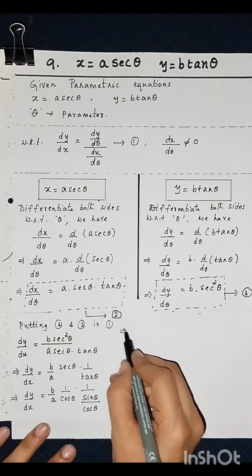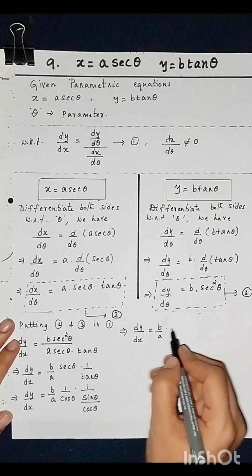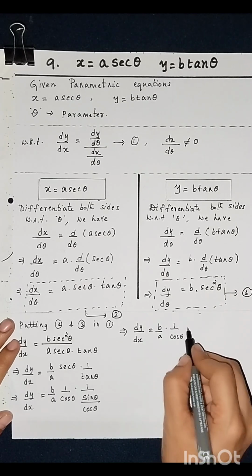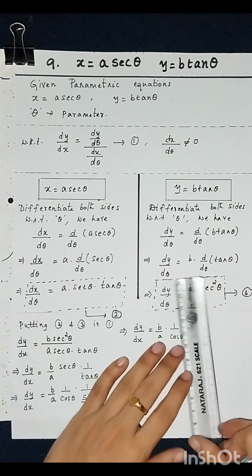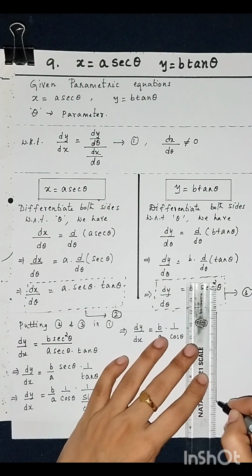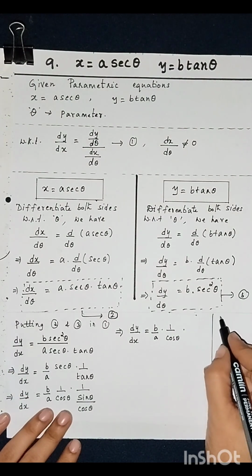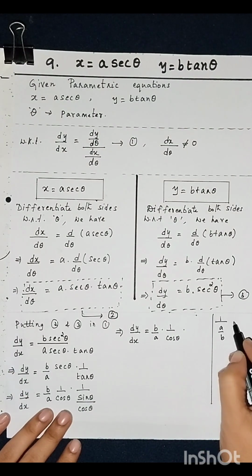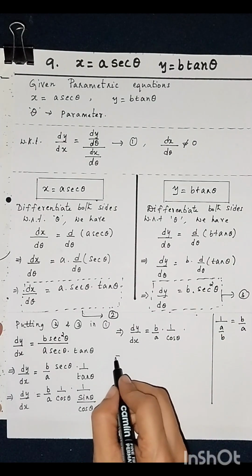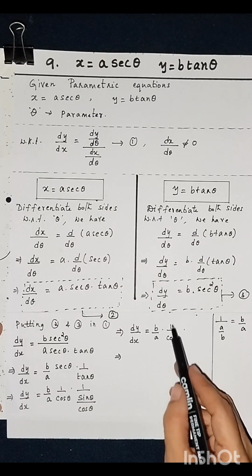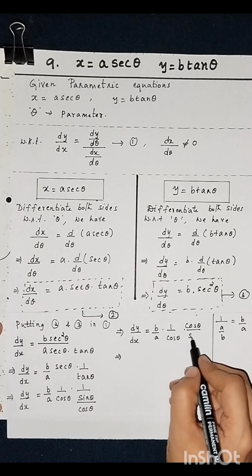Now this implies dy by dx is equal to b by a, 1 by cos theta. So how can we simplify this complex fraction? When we have 1 divided by a by b, we will write this as b by a. Both are the same. So here we will write 1 by cos theta, then here we will get cos theta by sin theta, right?